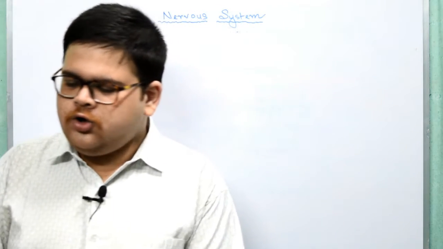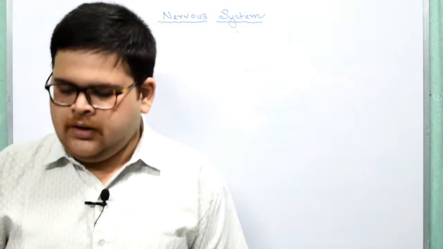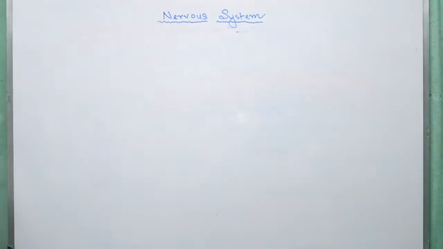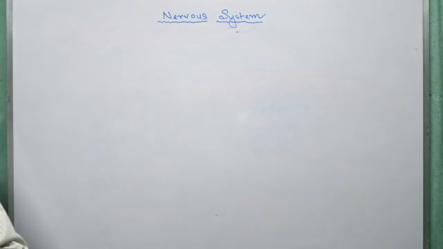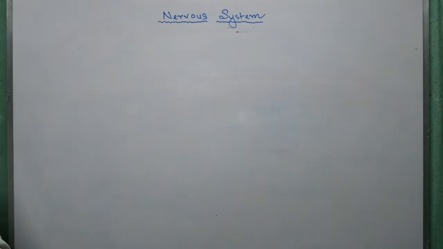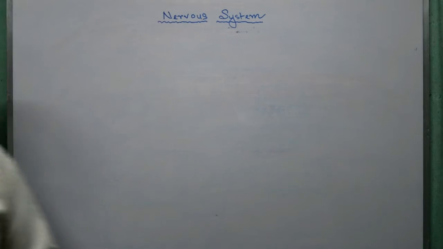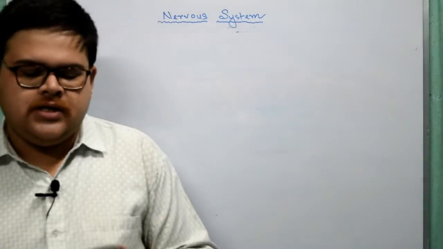Now we will be moving on to the endocrine system. Your nervous system is over. The endocrine system consists of exocrine and endocrine organs as well.